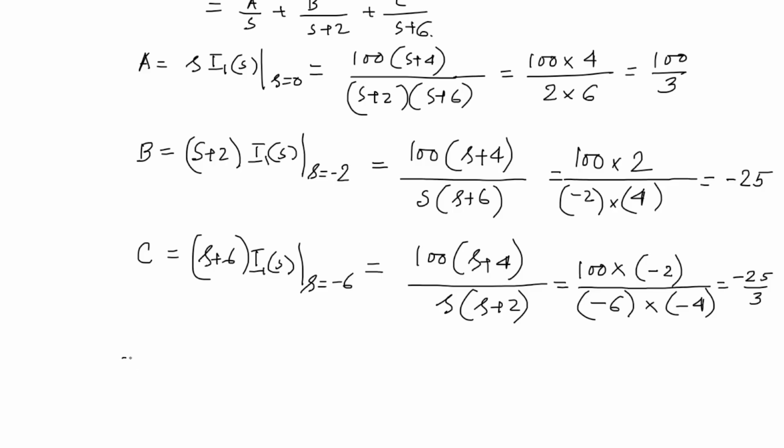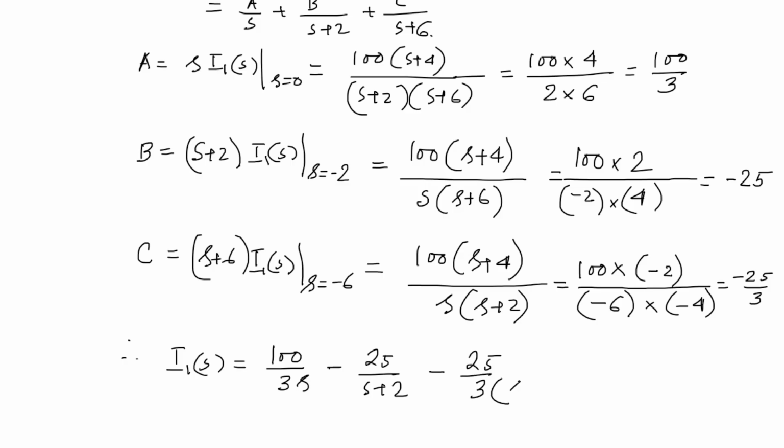So finally we write I1s is equal to a by s. A we have evaluated as 100 by 3. B we have evaluated as minus 25, so it will be minus 25 by s plus 2. And c we have evaluated as minus 25 by 3 into s plus 6.